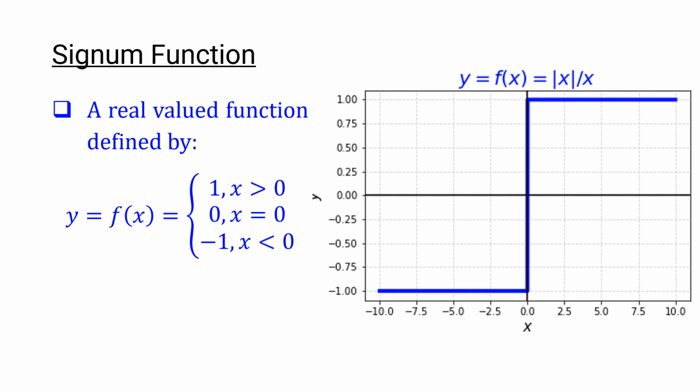The graph of this function is a step function. The maximum value of y is 1 and the minimum value of y is minus 1. Therefore, the domain of this function is the set of real numbers and the range of this function is only 1, 0 and minus 1.